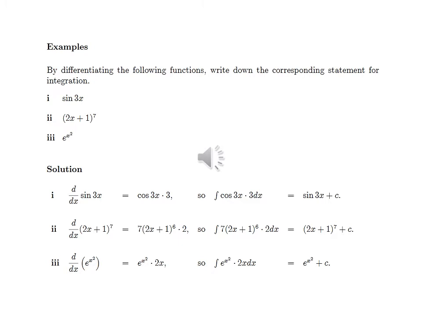This is an illustrative example of how we can make integration and differentiation.